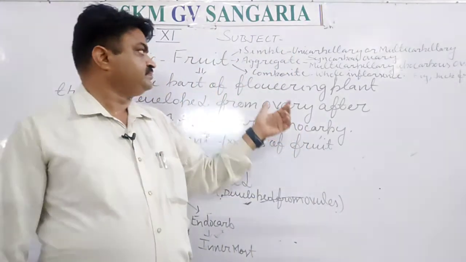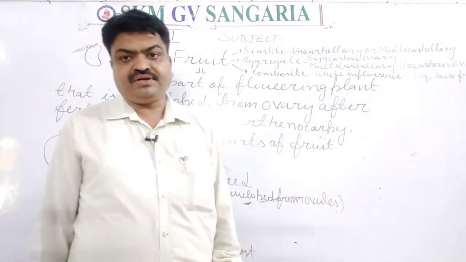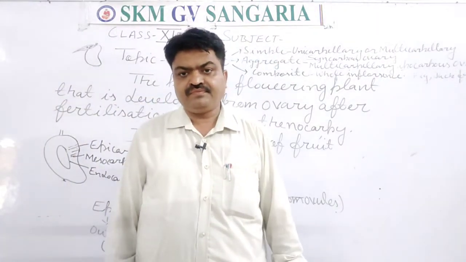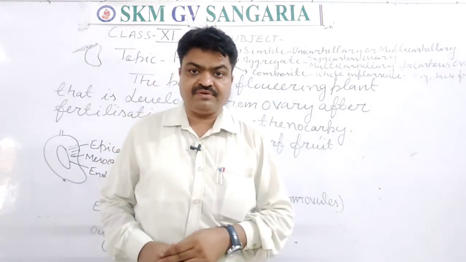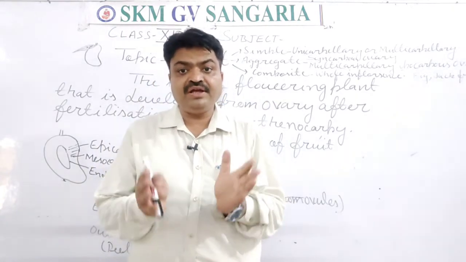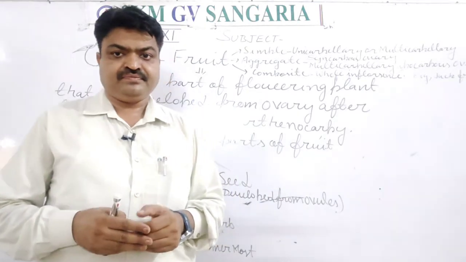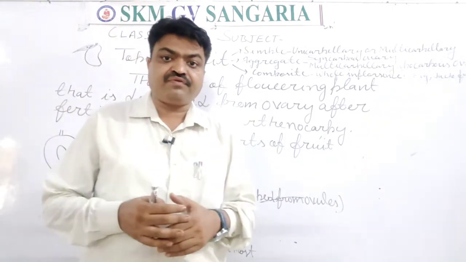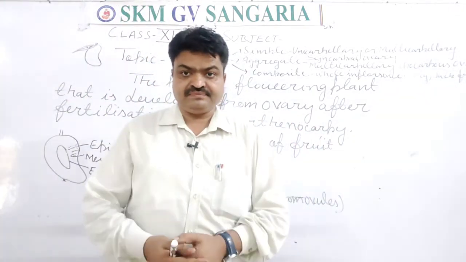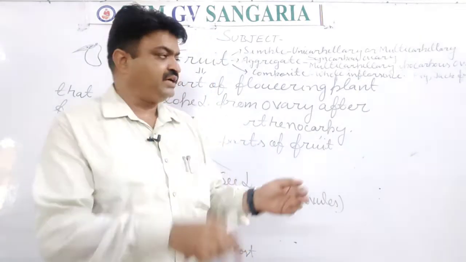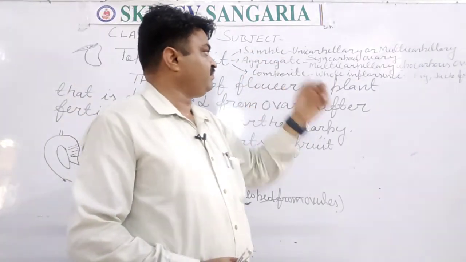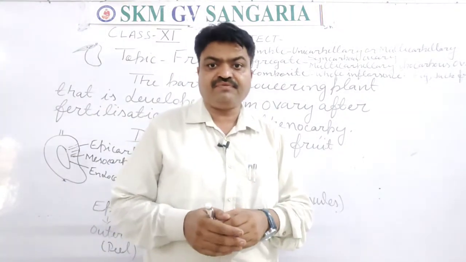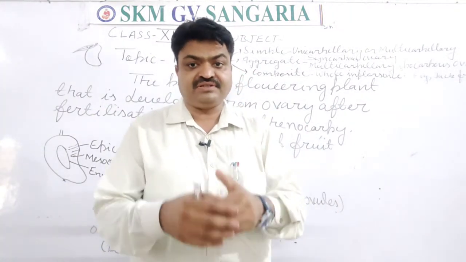Next is composite fruit, students. This composite fruit is developed from the whole inflorescence. It means it is developed from a group of flowers. That's why it is known as composite fruit, because it is developed from the whole inflorescence.